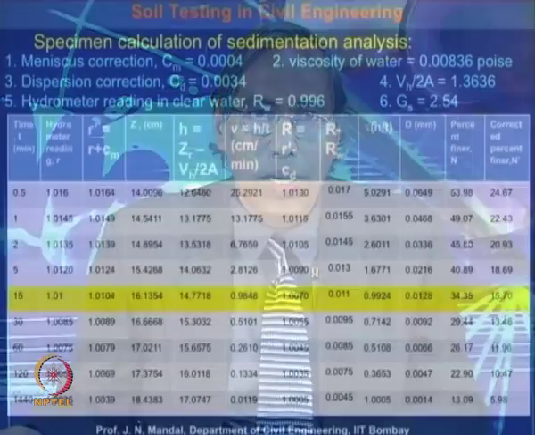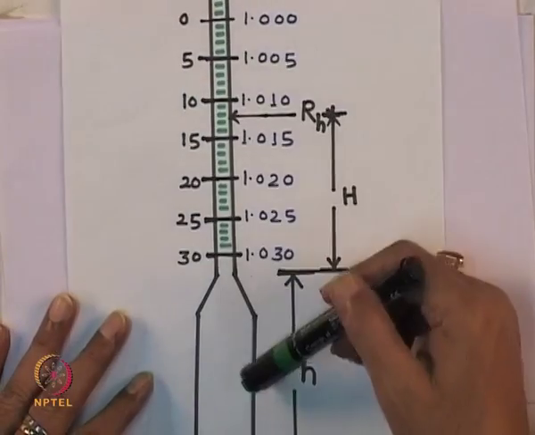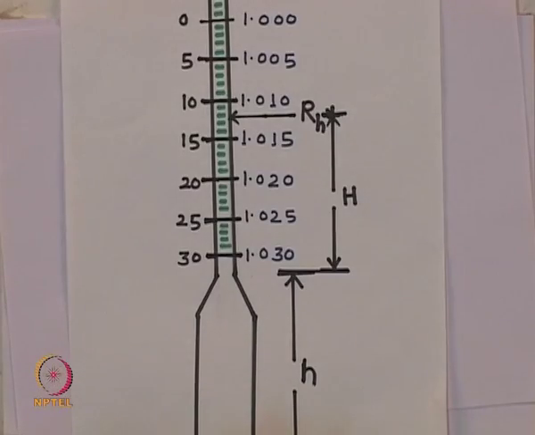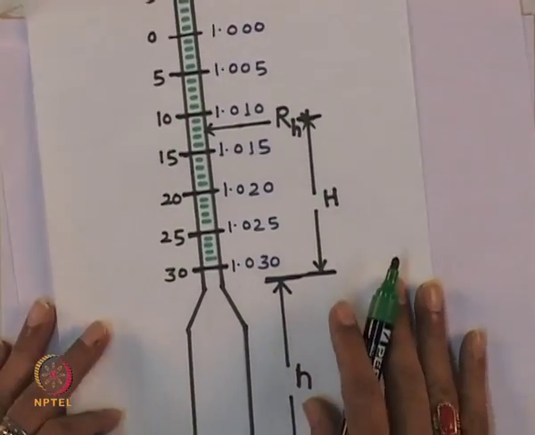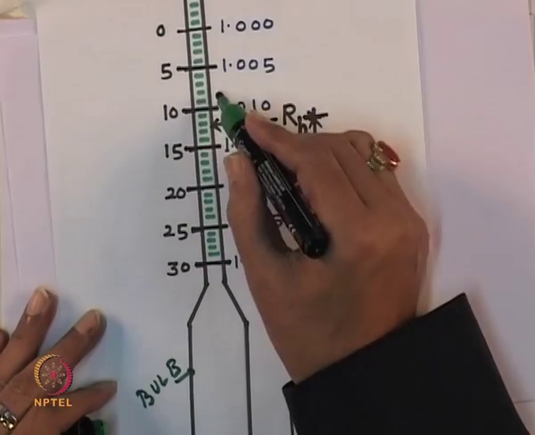Last time I showed you the calculation for sedimentation analysis. Now you know the hydrometer, and this portion is the bulb, and this is the stem.